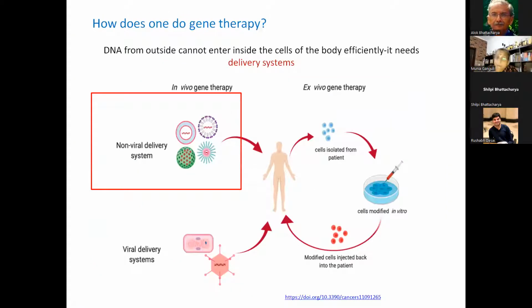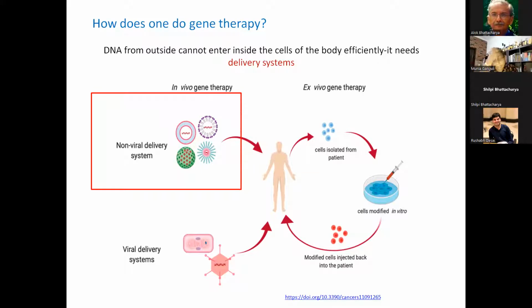And how does one do gene therapy? You cannot introduce the DNA or RNA, any nucleic acid, from outside in sufficient amounts if you do not have a delivery system. The nucleic acid or the gene does not enter efficiently without a delivery system.